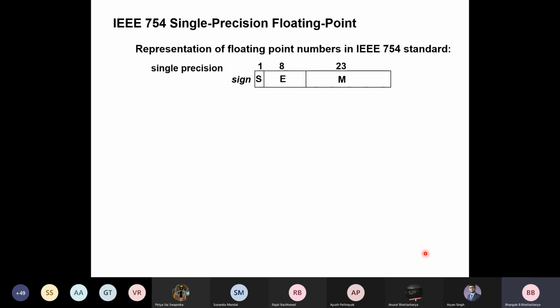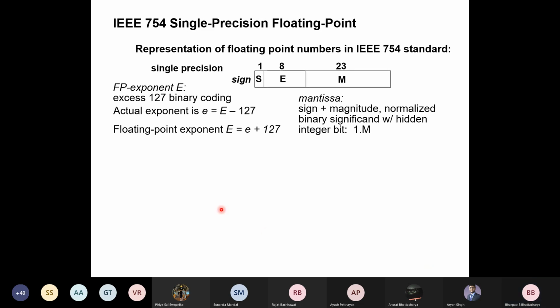So coming back to this format again, let's look at single precision: 1 plus 8 plus 23, right? So excess 127 binary coding means whatever value of exponent is here in binary, consider this as an unsigned number, and in order to get the actual exponent of the number, you do e minus 127.